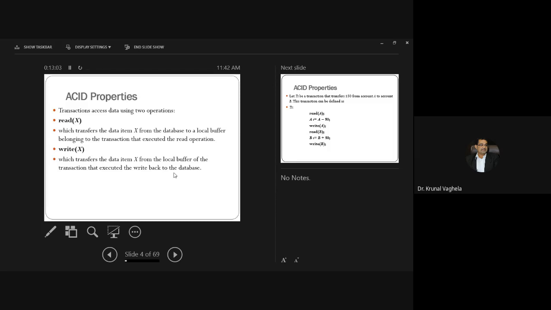Same way, when you want to update your account or transfer money, first that account, that entity, should be brought from secondary memory to primary memory, changes done, and then stored again into secondary memory. So for that, there are two operations, read X and write X. X is any data item. It could be an account number, a mobile quantity, a value, a price, whatever. X is the data item.